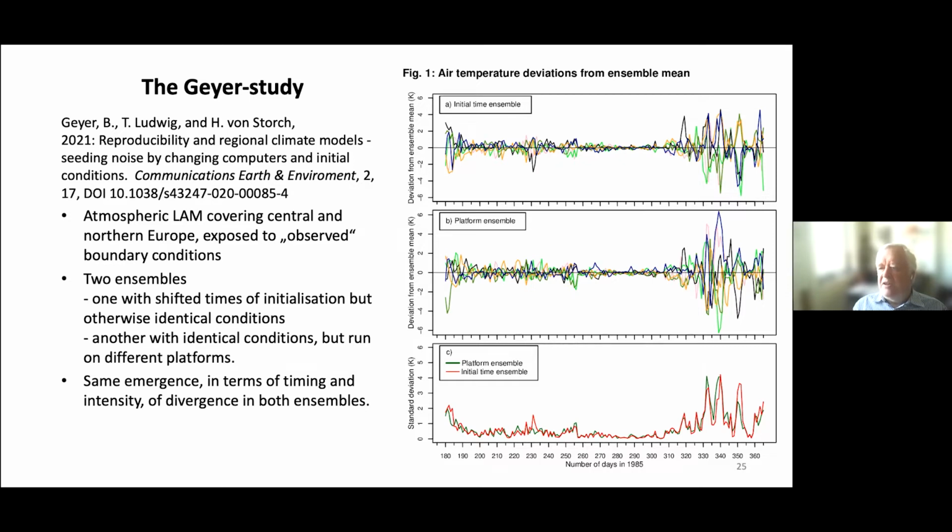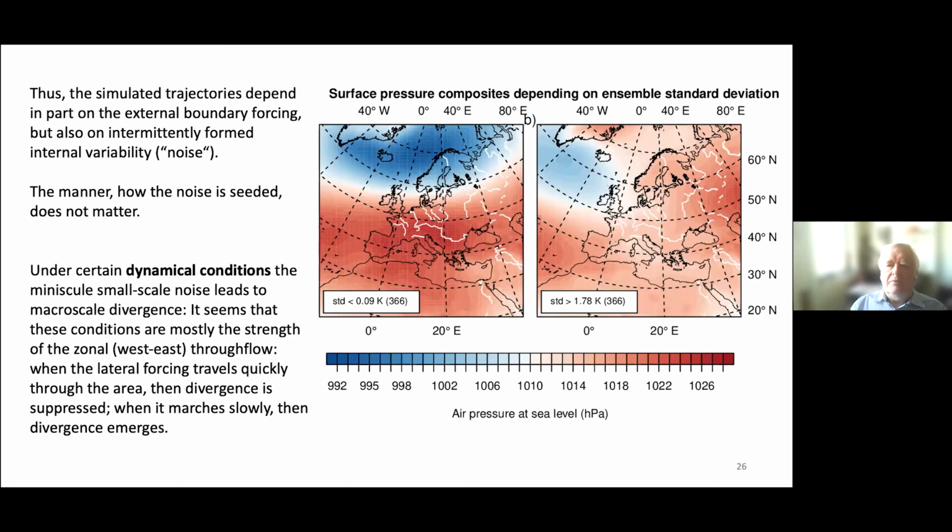Namely that we have a tendency to form large anomalies after day 310 or whatever it is, but that we have hardly anything from 270 to 310 and so on. And if we summarize the two diagrams, we arrive at the diagram at the bottom, which shows the standard deviation at each time for the different ensembles, and they are virtually identical. So that means they are really different developments.